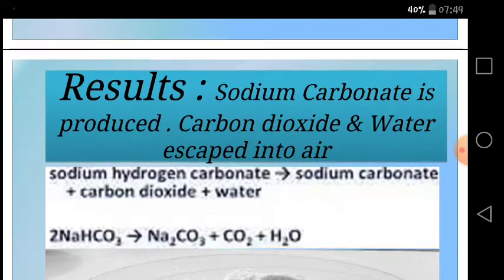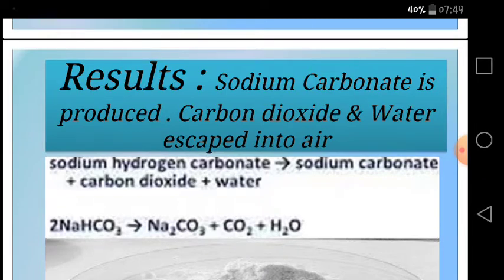Results. Dear students, when we heat the sodium hydrogen carbonate, it produces 3 products: sodium carbonate, carbon dioxide and water. Carbon dioxide, as you know, is a gas and will escape into the air, while the water will convert on this heat into vapors and escape into the air.